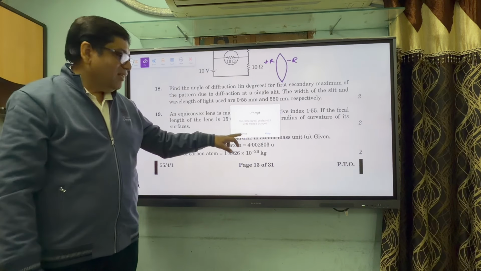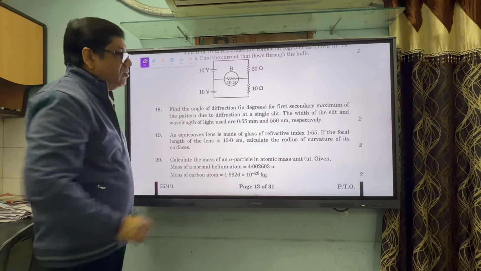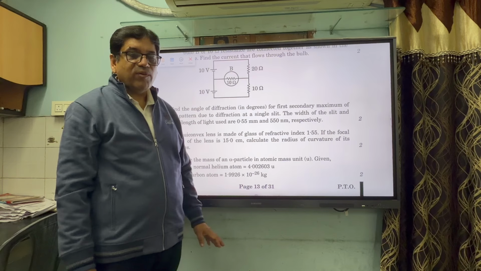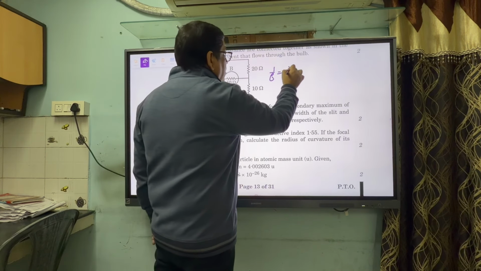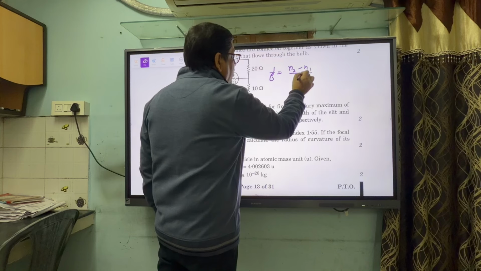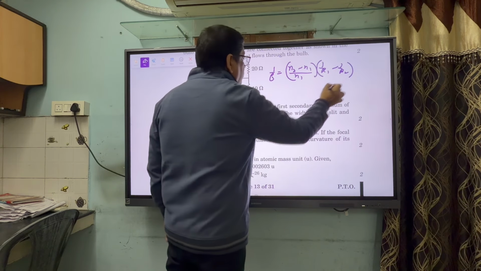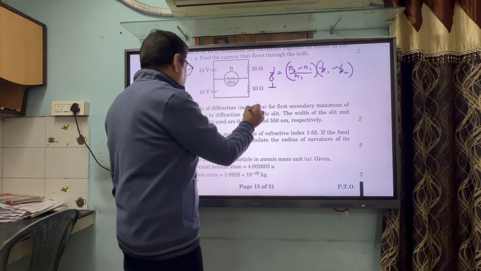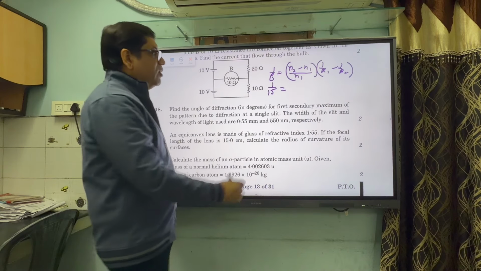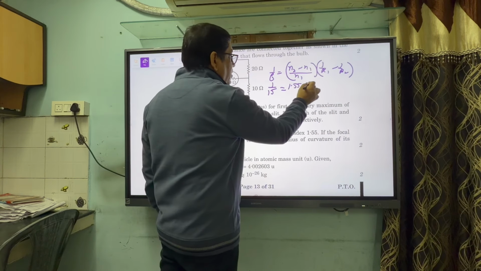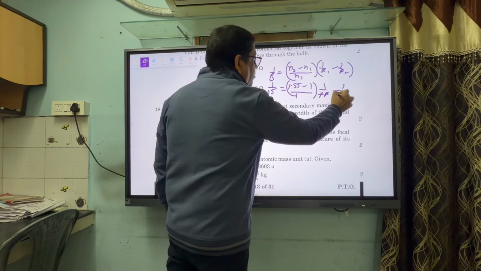So we'll apply the lens maker formula for this. Whenever focal length is related to radius of curvature, it is the lens maker formula. The formula you know: 1 by f is equal to (n2 minus n1) upon n1, into (1 by r1 minus 1 by r2). Focal length is given to be 15, n2 is 1.55, the surrounding medium is air, 1 by plus r minus 1 by minus r.